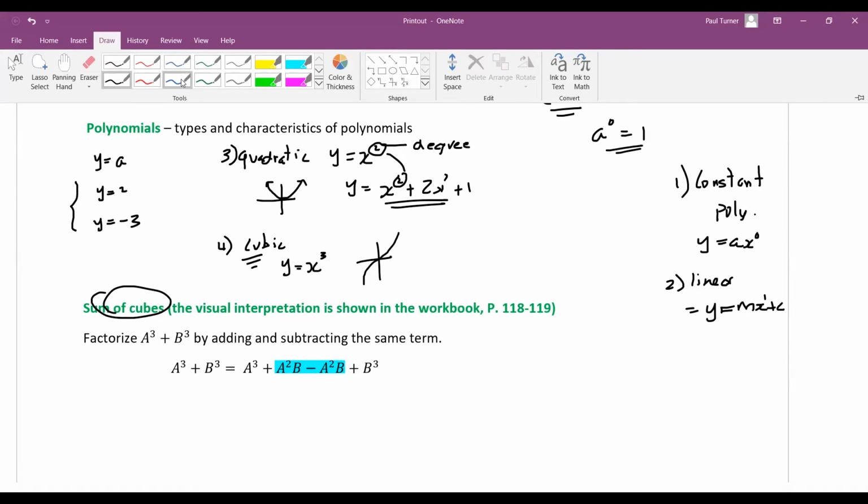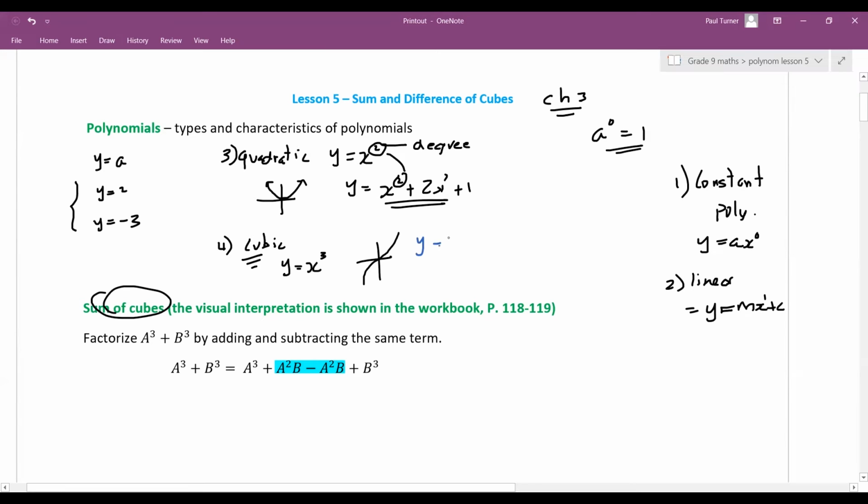Anything like another one, y equals 2x cubed plus 4x squared minus 5, that's a cubic as well, because the highest power equals 3. So it's a cubic polynomial.